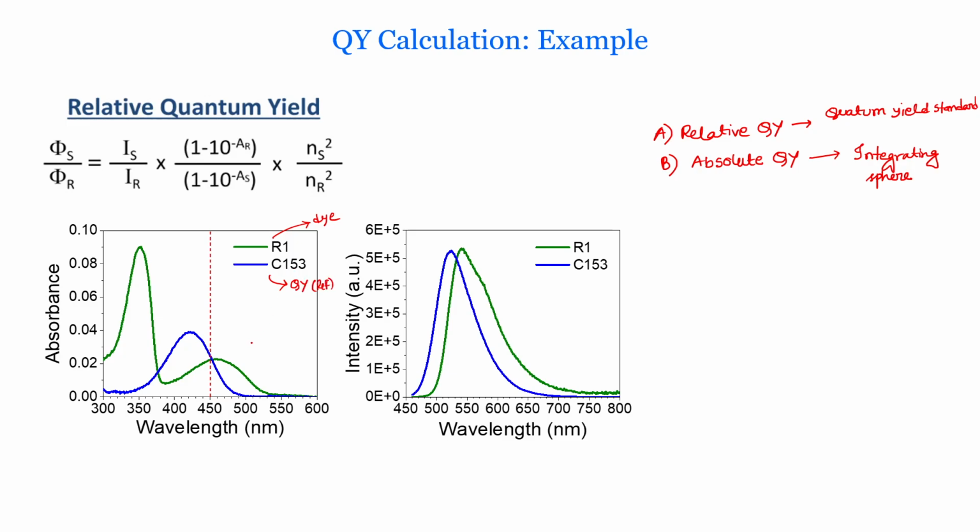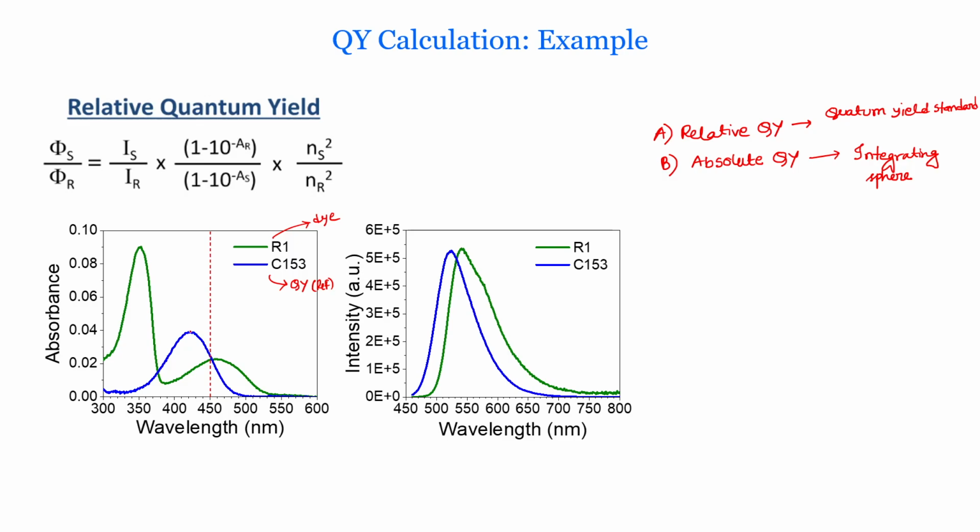We need to take a quantum yield standard which has a similar absorbance value, or they have a spectral overlap.